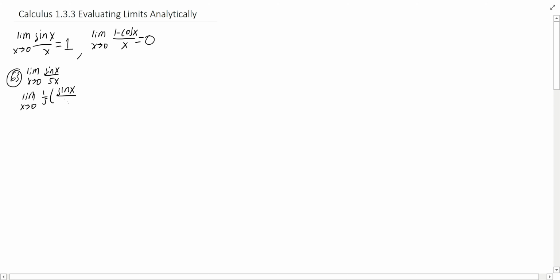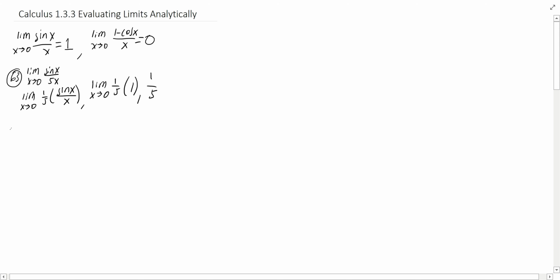This makes our life a ton easier, because from here the limit is just 1/5 times 1, because sine of x over x goes to 1 as x goes to 0. So we end up with a final result of 1/5. So there we go.